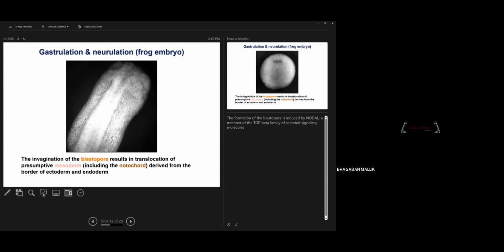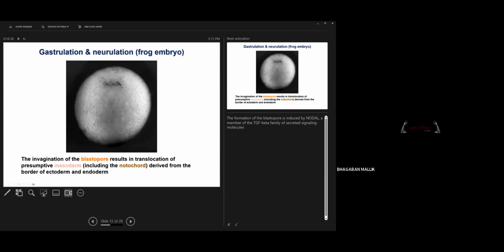One of the important germ layers of embryo development is the mesoderm, and you also have formation of the notochord. The mesoderm and notochord give signal to the ectoderm, and that initiates the formation of neural tissue in the embryo. That is something I am going to discuss in the coming slides. So, next slide.